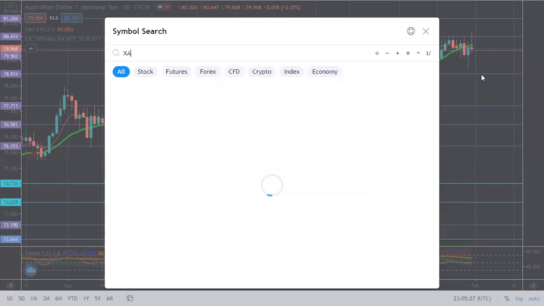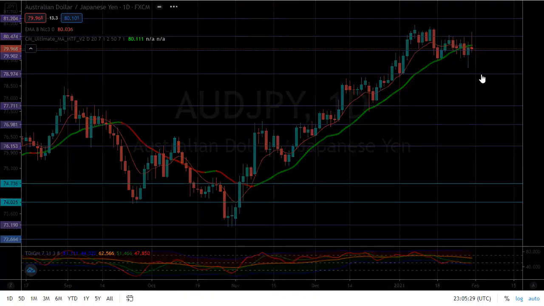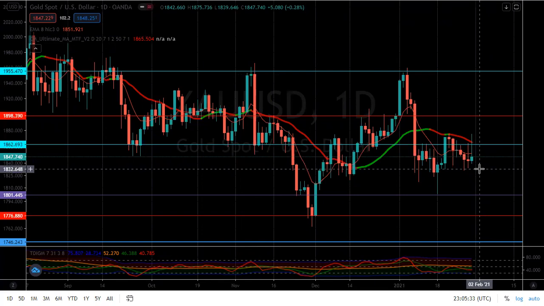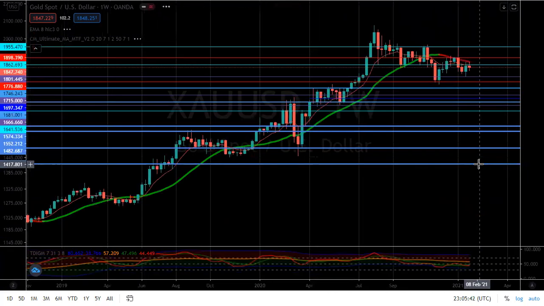For gold, we're quite spot on. I was looking forward to seeing price come as low as the 1831, 1830 area and we got that move to the downside. What do we see price doing?